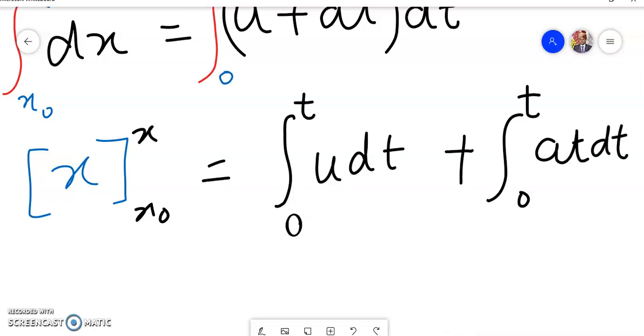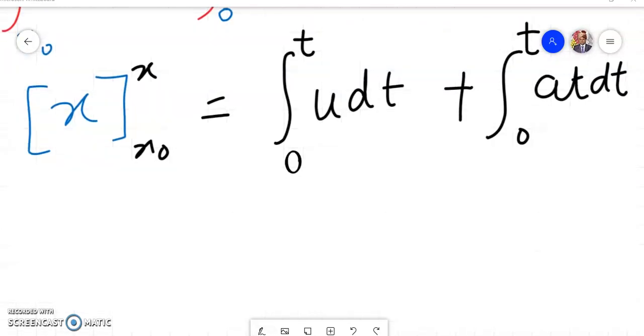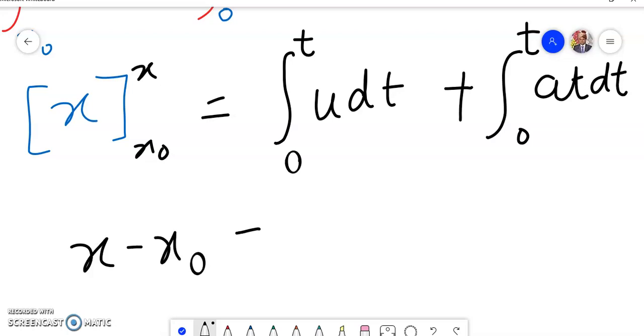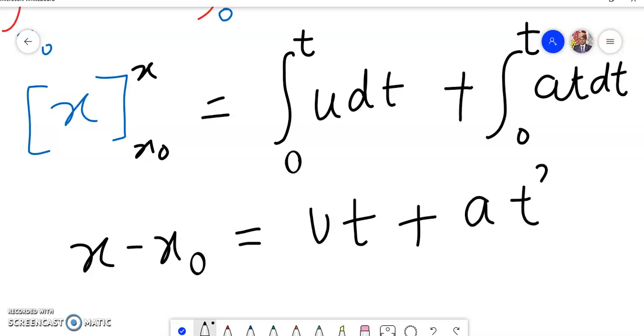As I have told you in the previous steps, on the left hand side x minus x naught is equal to ut plus a into t square by 2, because t power 1 plus 1 will be t square upon 1 plus 1 will be 2.